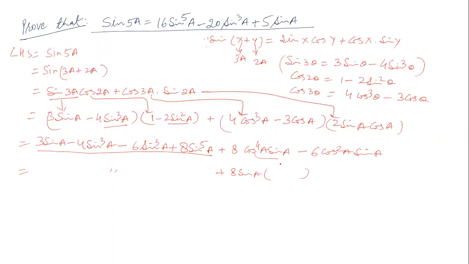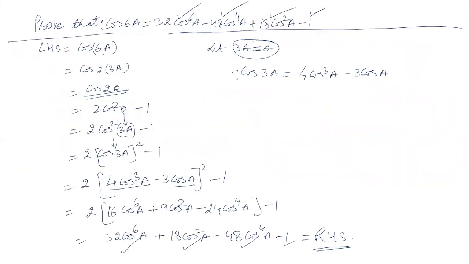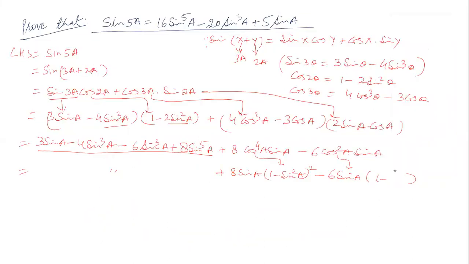This will remain as it is, plus 8 sin a into cos to the power 4a. Cos to the power 4a means cos square a into cos square a, that is (1 minus sin square a) whole square, minus 6 sin a as it is, and cos square a would be 1 minus sin square a.